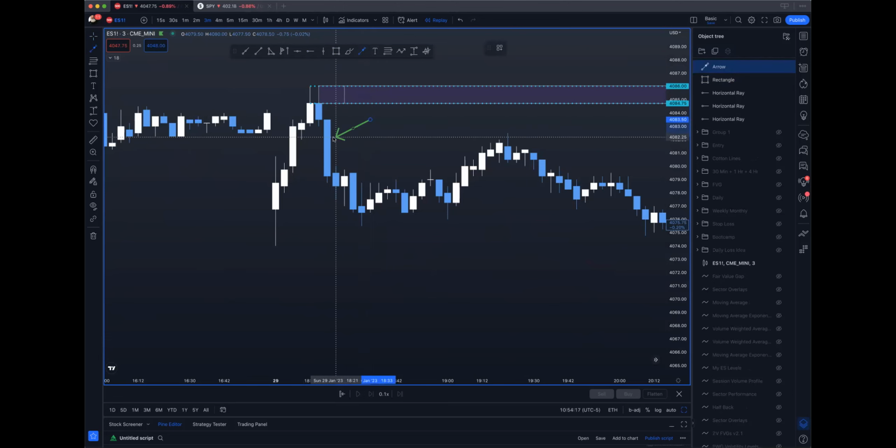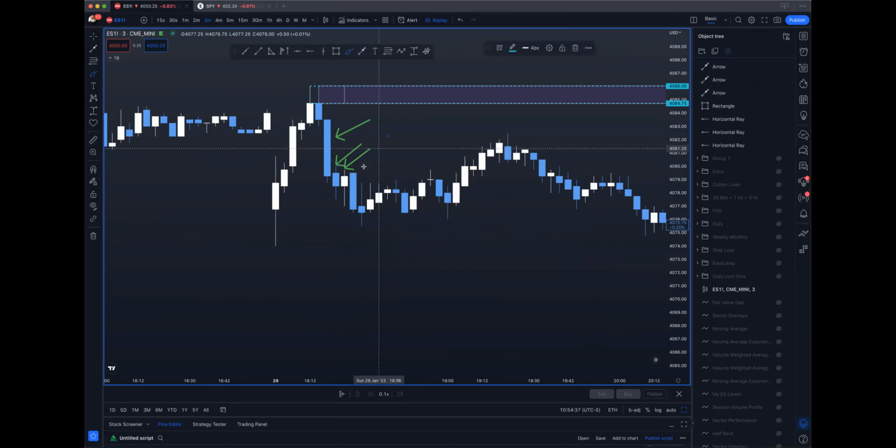This candle has cleared that level. It didn't go back up and touch it. It's cleared the area. So this is the range. This level is not retouching it. Same with this candle. Same with this candle. Same with this candle. They have cleared the area.